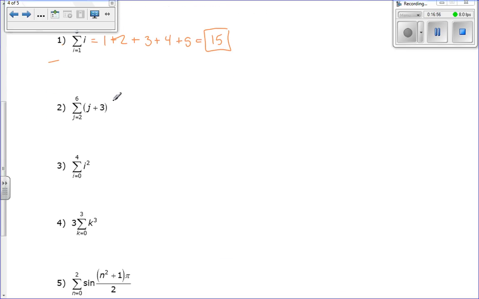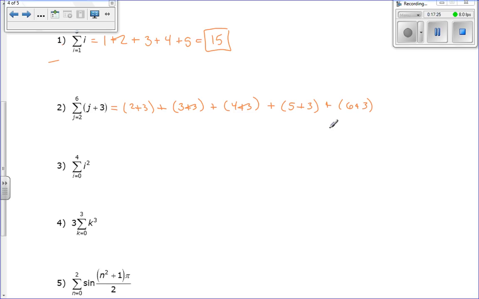For number 2, I'm starting at 2 and I'm going to 6. So it's 2 plus 3 plus, the thing that changes is the J, 3 plus 3 plus 4 plus 3 plus 5 plus 3 plus 6 plus 3.